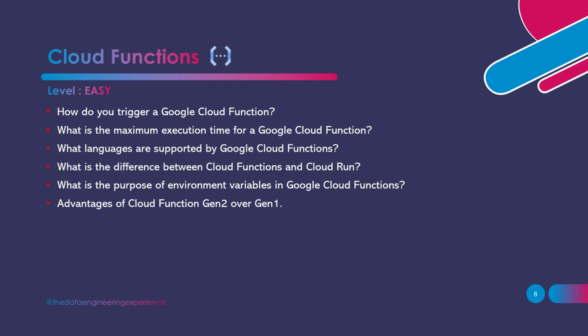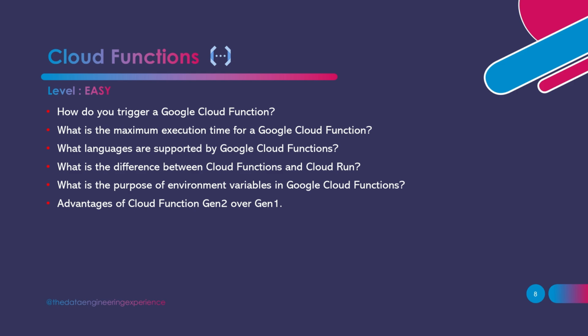Then you can get questions like, what is the difference between Cloud Functions and Cloud Run? You can say that Cloud Functions is designed for small event tasks that need to automatically scale in response to events. But Cloud Run is specifically for containerized applications, and it's more suited where you need to deploy web applications, APIs, or other long-running processes where you need some level of control over the environment.